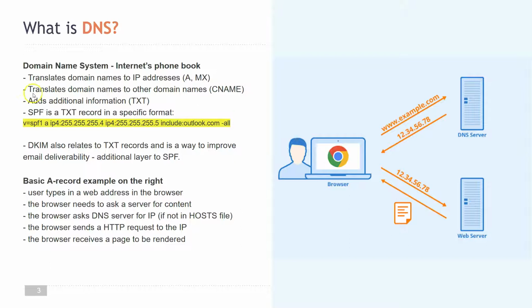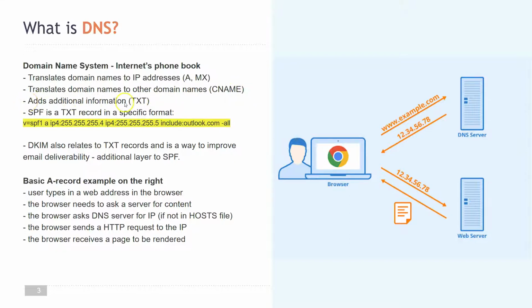Some DNS records can also translate a domain name to other domain names, which then results in an A record lookup. So you can use a CNAME record to tell the internet, okay, example.com is the same as example2.com, in which case your browser is going to ask the internet for the A record of example2.com, right?